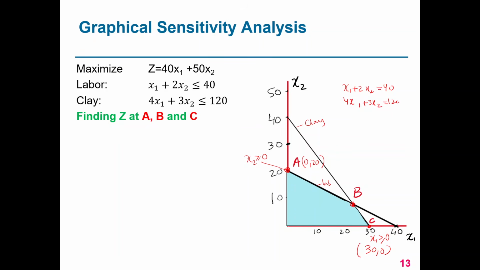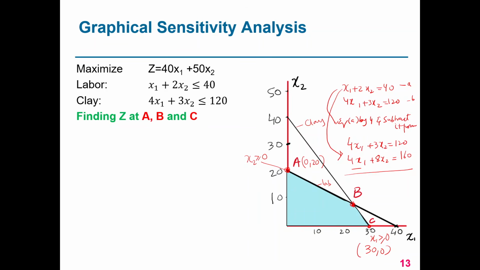So let's call the first equation A and the second B. If I multiply equation A by 4 and then subtract it from B, this is equation B, 4x1 plus 3x2 equal to 120, and now I have multiplied equation A by 4 and it becomes 4x1 plus 8x2 equal to 160, and if I subtract it from equation B, I'll have minus 5x2 equal to minus 40, or x2 equal to 8.